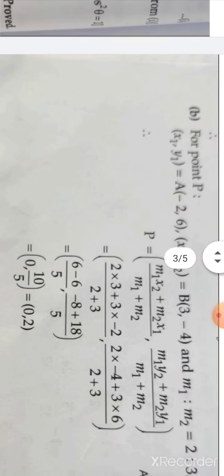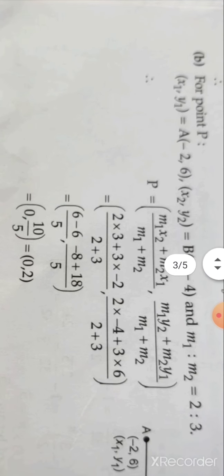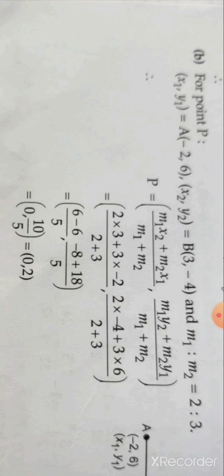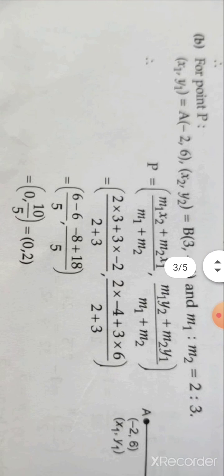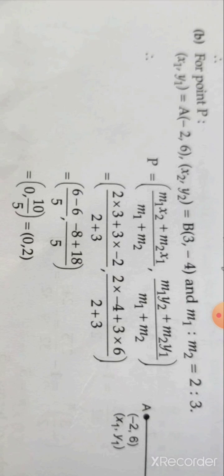See the solution here of question 8b. x1, y1 is minus 2 and 6, x2, y2 is 3 and minus 4, point B. m1 ratio m2 is 2:3. So division point P is equal to (m1 x2 plus m2 x1) upon (m1 plus m2), (m1 y2 plus m2 y1) upon (m1 plus m2), which is 2 into 3 plus 3 into minus 2 upon 2 plus 3, 2 into minus 4 plus 3 into 6 upon 2 plus 3.